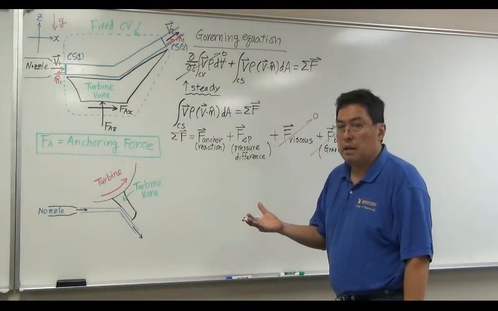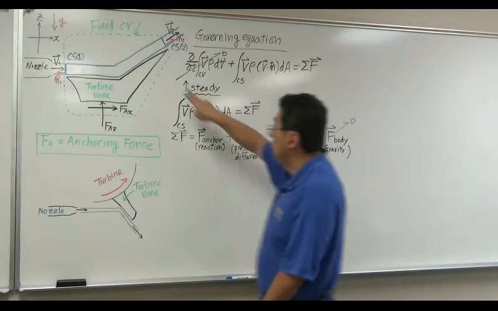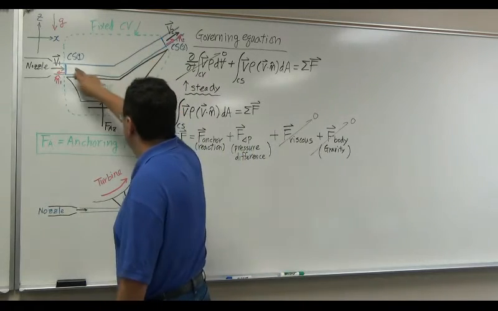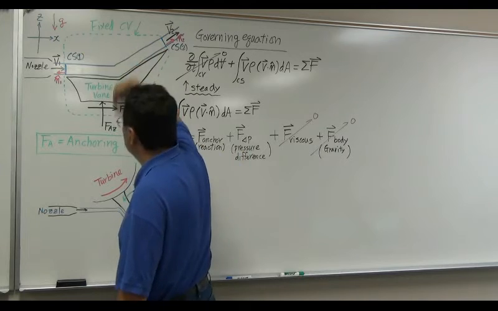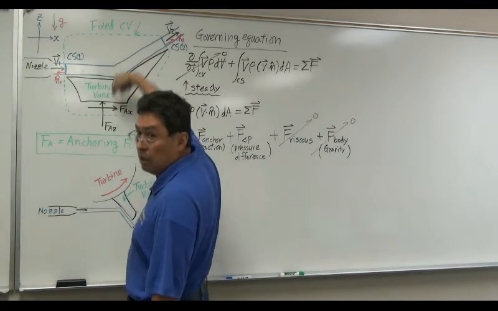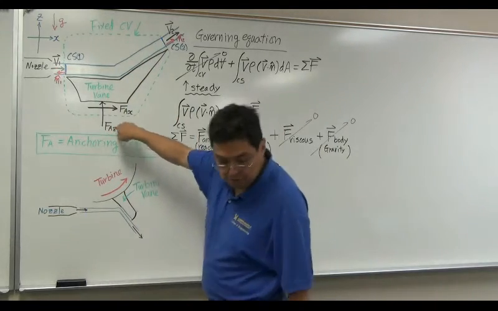If the problem statement says include the gravity, that means you have to find out the volume of water inside of the control volume that is going to create the weight. Weight is a force in the z direction. That must be supported by this force also.